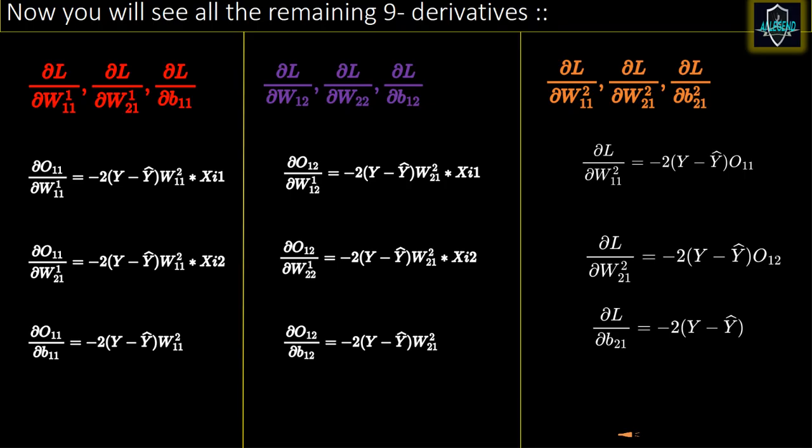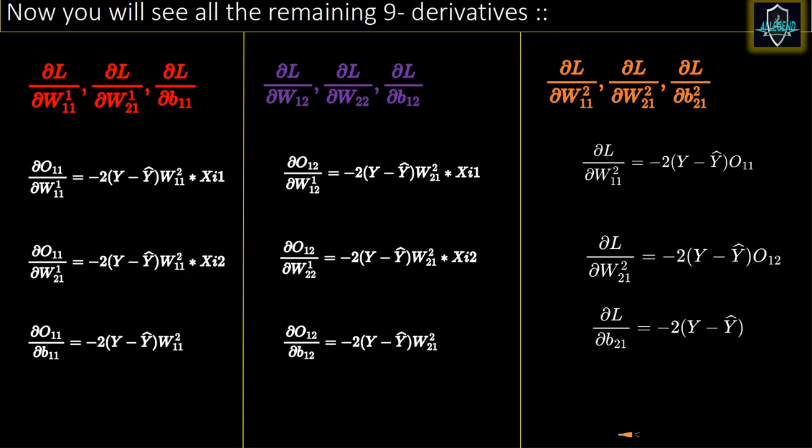In step 2, del L over del W1 is equal to minus 2 times of y minus y hat multiplied by W2 multiplied by xi2. Then the third term is del L over del B11, which is equal to minus 2 times of y minus y hat multiplied by W2. These are the three terms we are getting for this neuron.